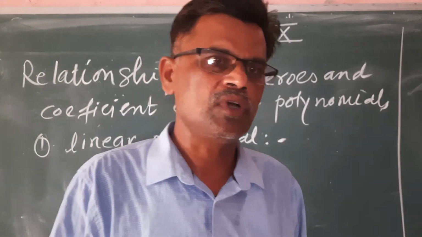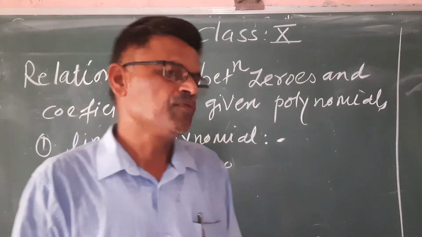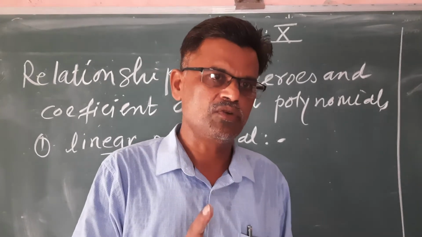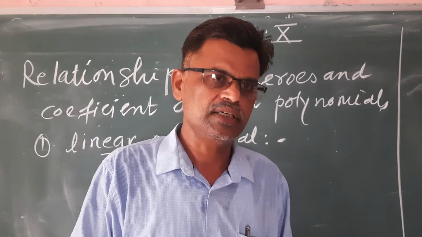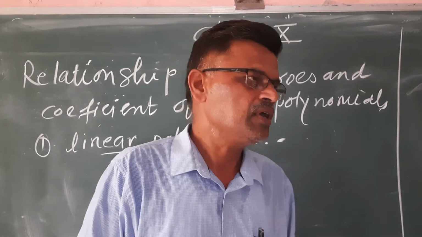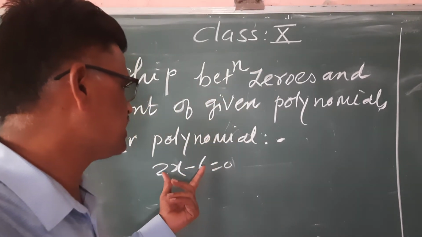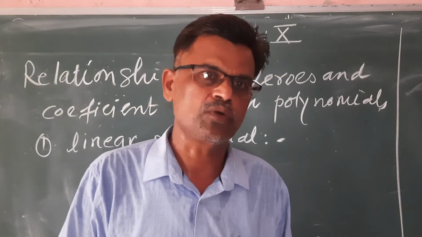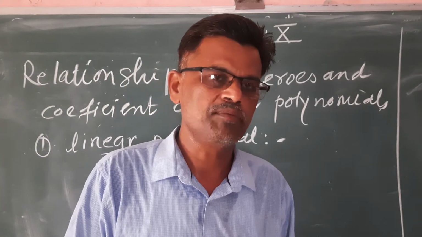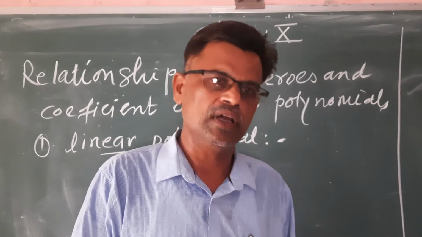In linear polynomials we find 1 zero. In quadratic polynomials we find 2 zeros. Why? Because the degree is 1, therefore the solution, the root of the polynomial, is 1.